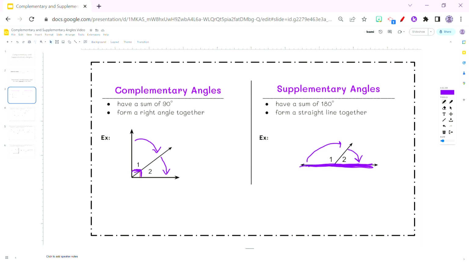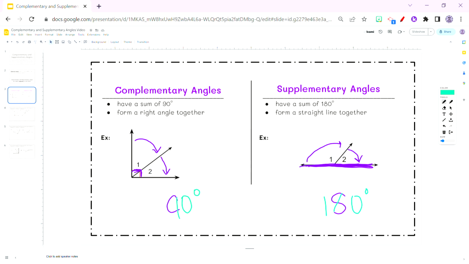So one way to think of it, straight, supplementary, they both begin with an S. You can think of it like the C can easily turn into a 9 for 90 degrees, and the S in supplementary can easily turn into 180 degrees.